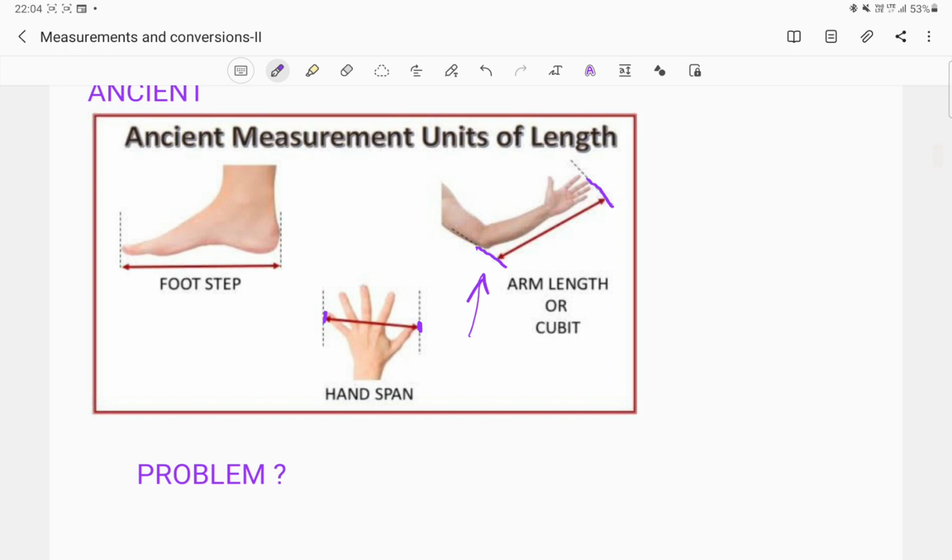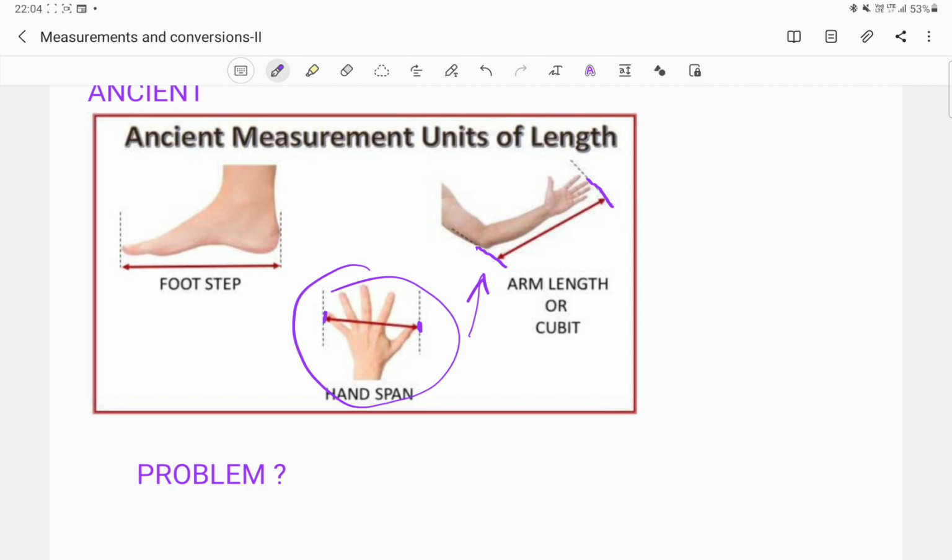What I want you to do is rapidly measure the length of any one side of your room using hand spans. Well, if your room is not exactly in hand spans, you can also add up a few fingers to that. I'm sure you've done it in your junior classes.